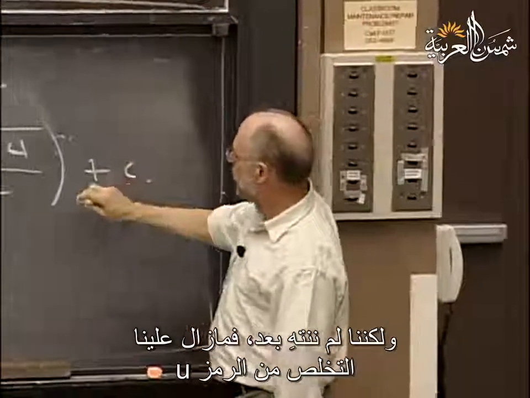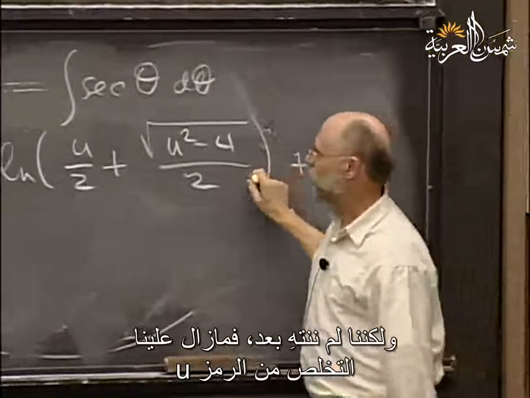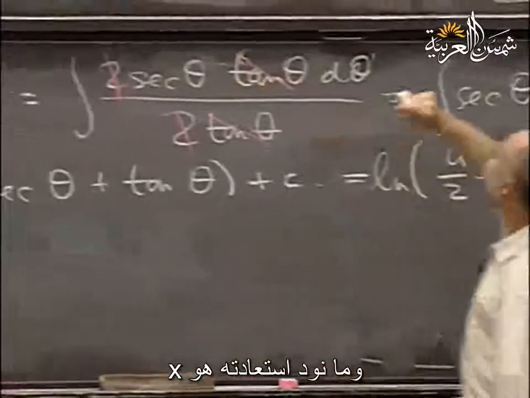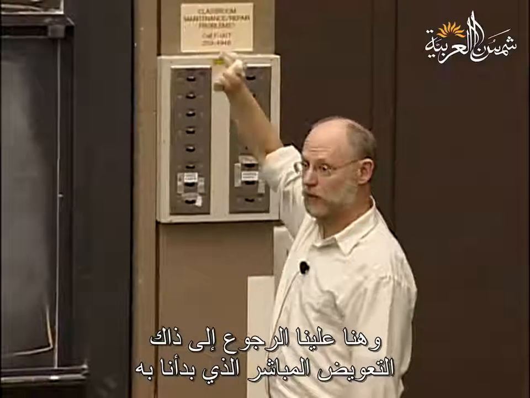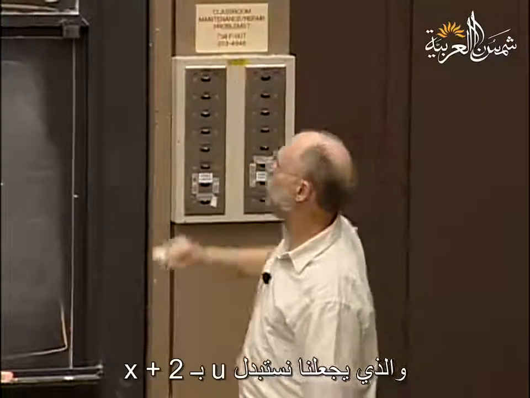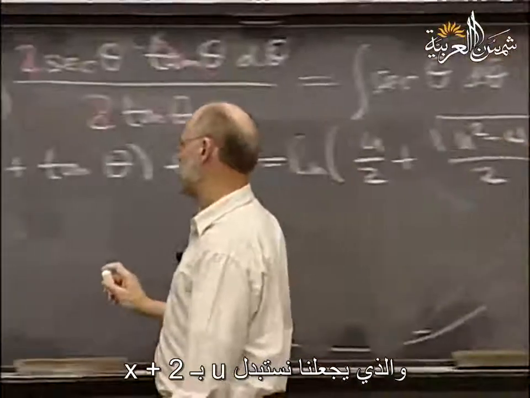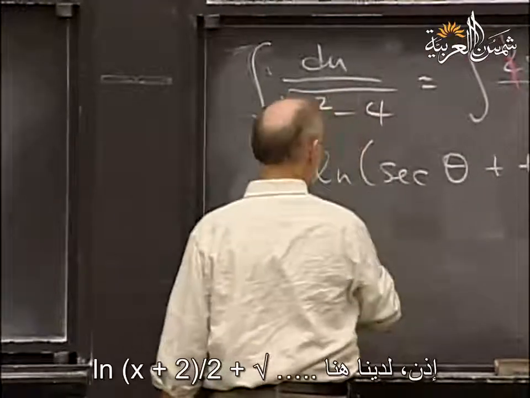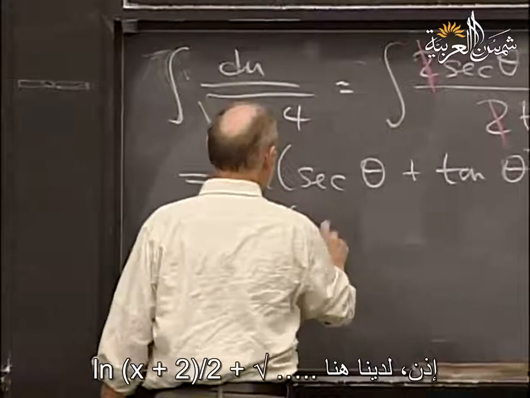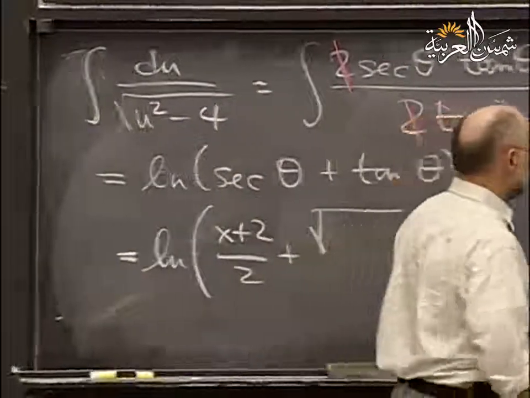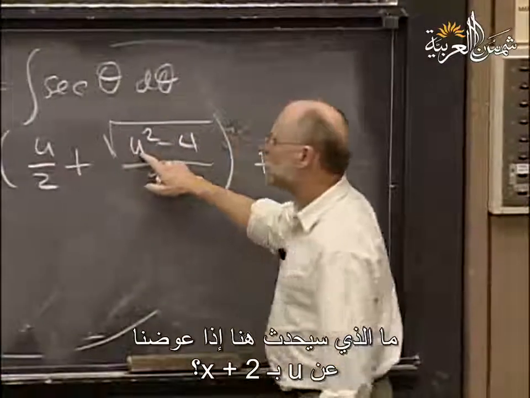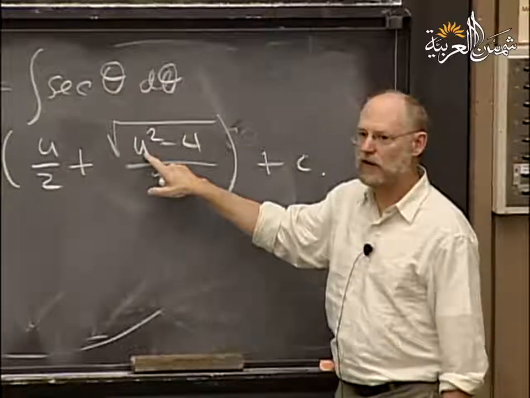I'm not quite done yet because my answer is involved with u, and what I wanted originally was x. But this direct substitution that I started with is real easy to deal with. I can just put x plus 2 every time I see a u. And so this is the natural logarithm of x plus 2 over 2 plus the square root. What's going to happen when I put x plus 2 in place for u here?